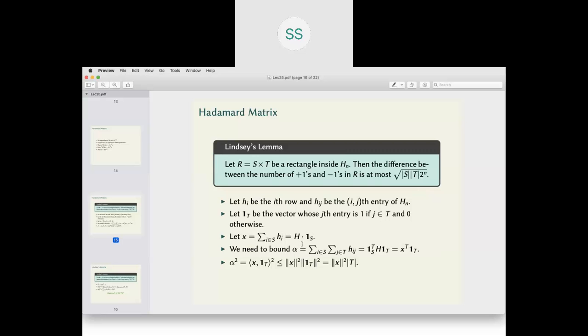In fact, one small thing here is that I think we are just picking out all the columns that belong to S, but it doesn't really matter because the matrix is symmetric. So we pick out all the columns or all the rows indexed S, it's the same thing, except that the resulting vector will be a row vector or a column vector, which is anyway fixed here by taking the transpose. And alpha squared, first we use Cauchy-Schwarz to get this, and the norm of this is nothing but square root of t, so norm squared is size of t.